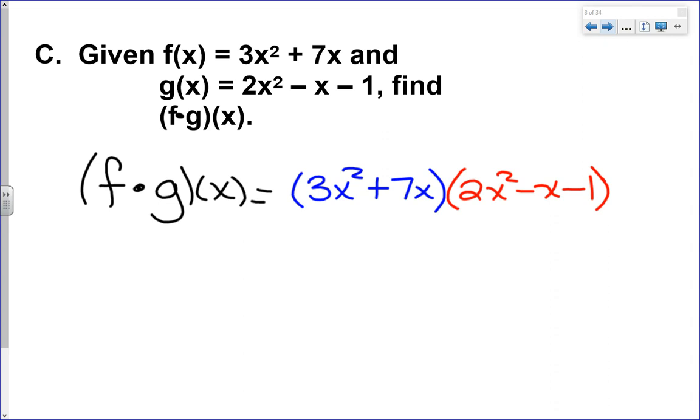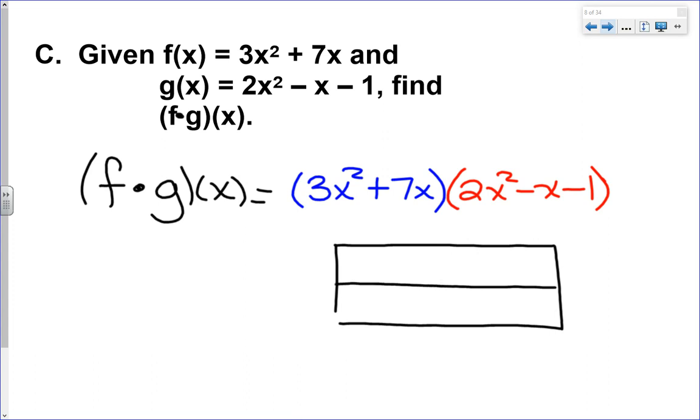And now, notice it's a binomial times a trinomial. You can either FOIL that thing out, or I am going to choose to do a box method here. This is just going to be my work to make this happen. I'll put the 3x squared plus 7x here. And then the 2x squared will go here, minus x, minus 1.